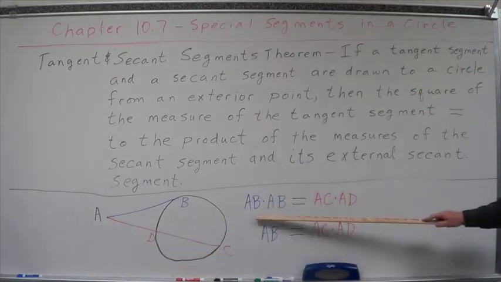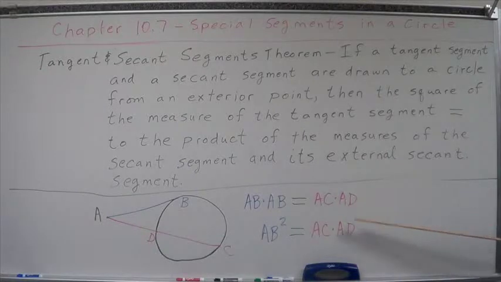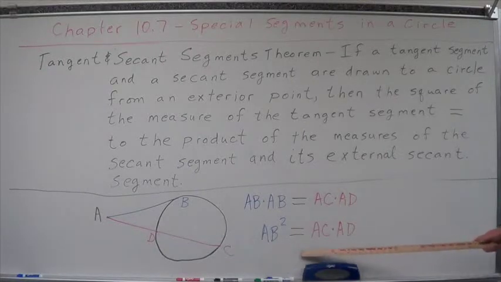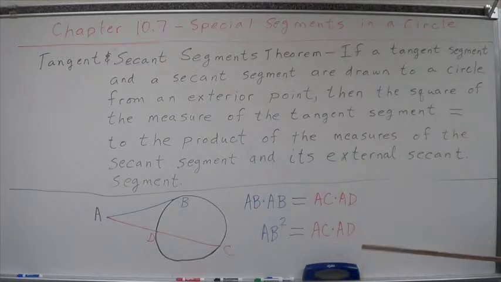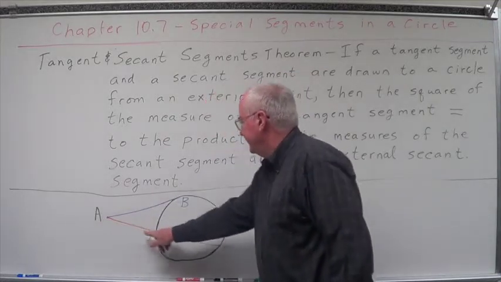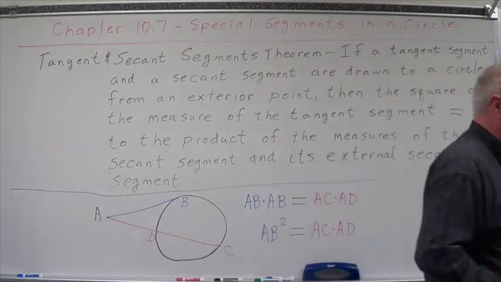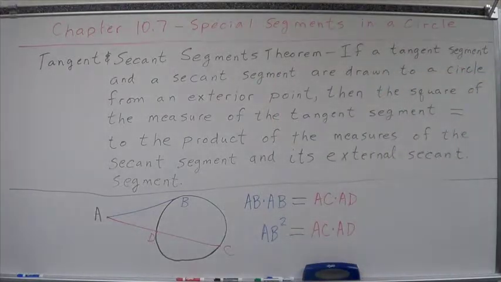So AB times AB equals AC times AD, or AB squared equals AC times AD. Okay? Square the tangent portion, then multiply the entire secant segment by its external portion, and they are equal to each other.